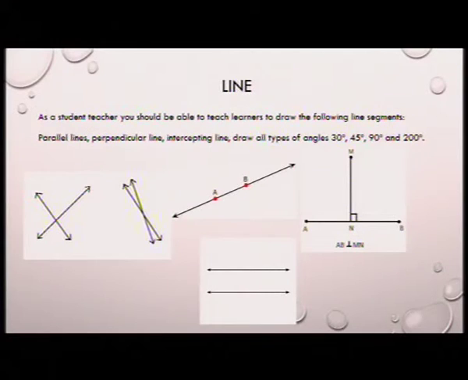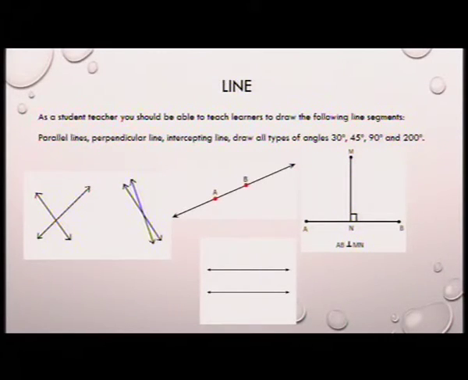Now, as a student teacher, you should be able to teach learners to draw the following line segments. Very critical. You must be able to draw parallel lines, perpendicular lines, intersecting lines, and you must be able to draw all types of angles: 30 degrees, 45 degrees, 90 degrees, and 200 degrees. This you should be able to draw.